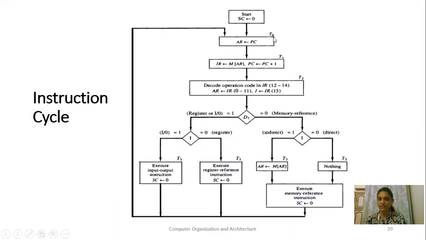Here you are fetching at T0 and T1, decoding at T2 signal, and calculating effective address at T3 signal. Okay, and after that, during the T4, T5, T6 timing signals, you will execute your instruction. And that will require a different number of timing signals for different instructions.